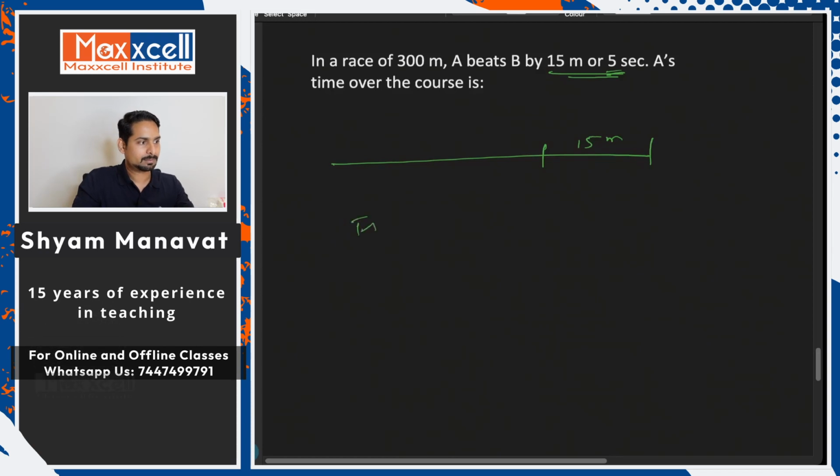So I will say here, B takes 5 seconds for 15 meters, right? So how much time will B take for the entire race, which is 300 meters?